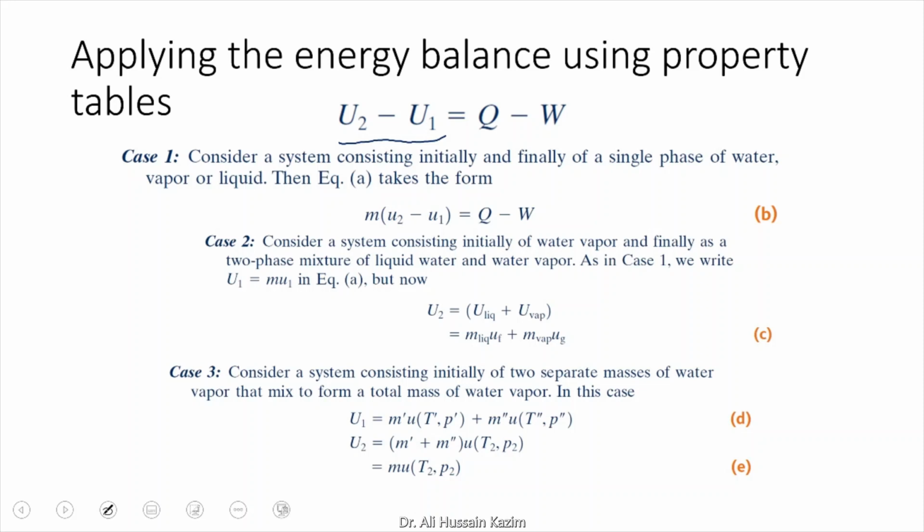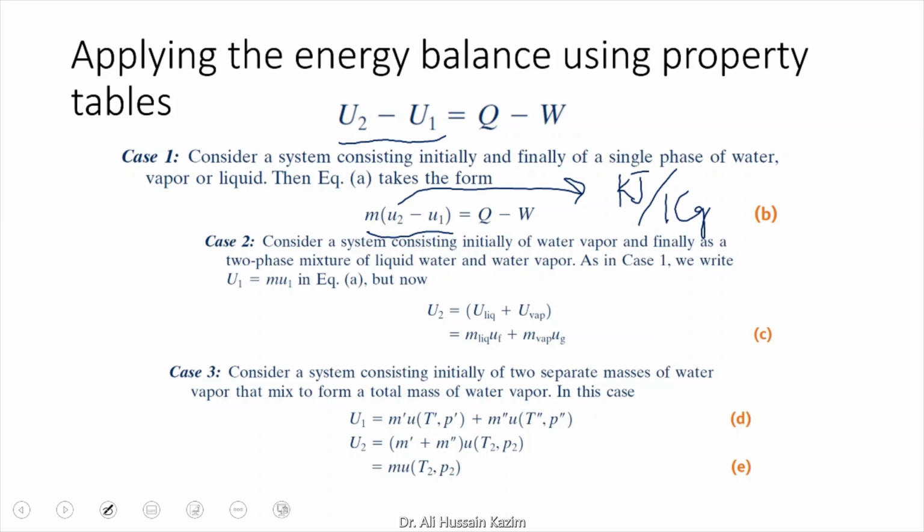So this capital U2 minus U1 equals m into specific u2 minus u1. So this small u2 minus u1 has units of kilojoule per kg.